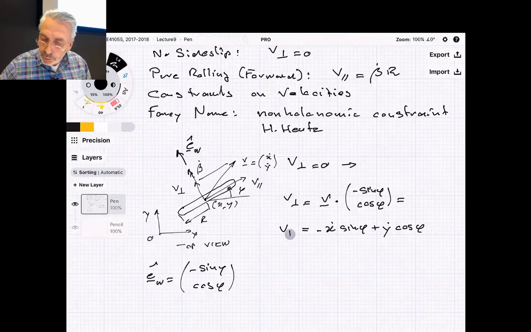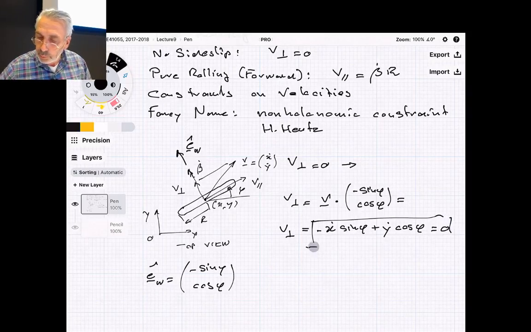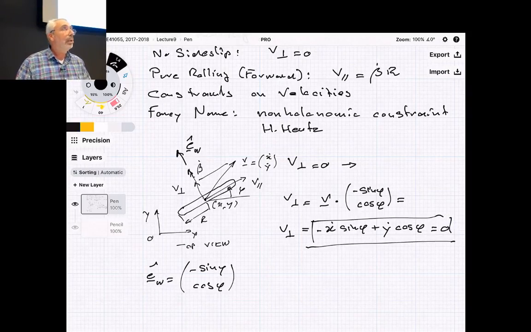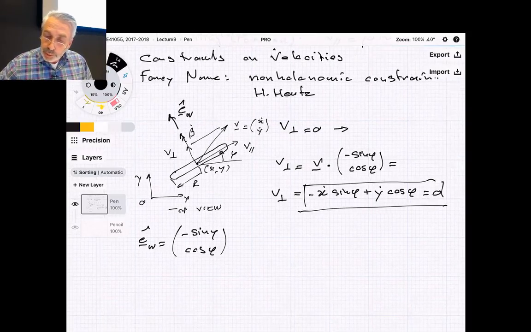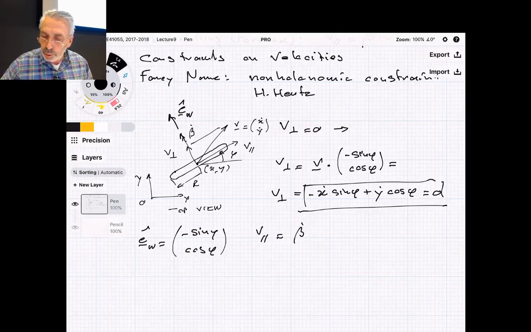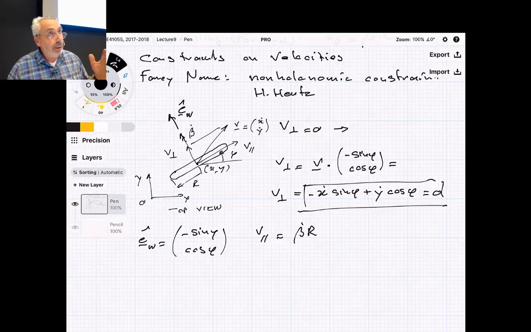So that's apparently this perpendicular, this lateral direction, and that should be 0. So this is a constraint. This is a constraint on no side slip. The next one is that v in the direction should be equal to beta dot times r. Now what is v in the direction? So then we need the vector which is in the direction of the speed.